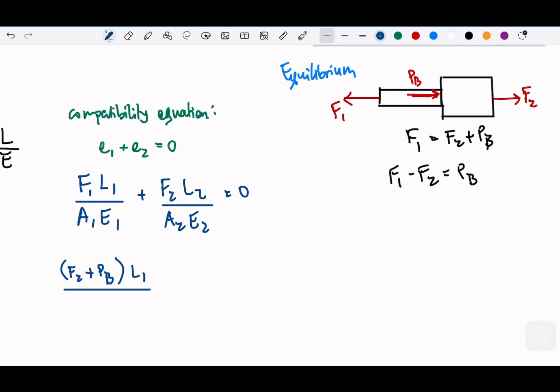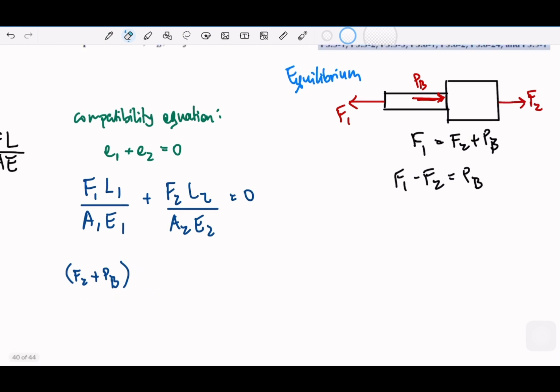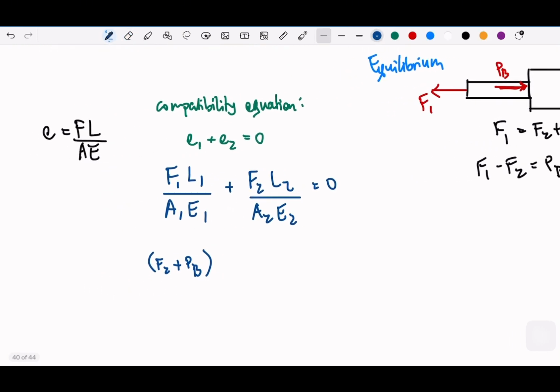Because this is only an expression, let's describe small f1 as L1 over A1 E1 and small f2 as L2 over A2 E2, to make it easy to follow.